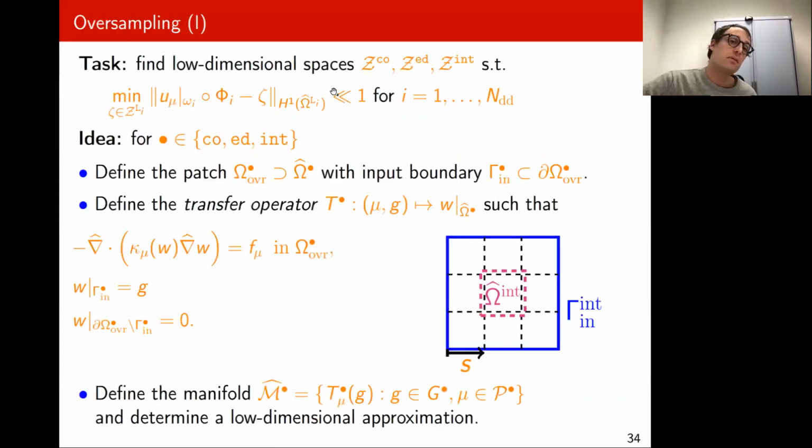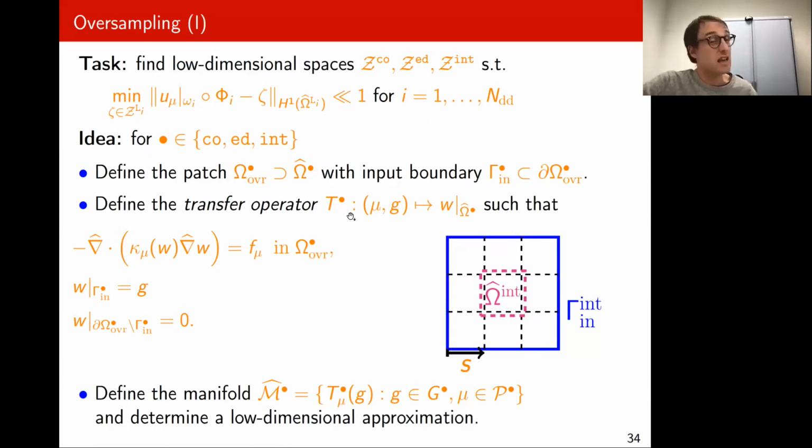So as already mentioned, we want to find low dimensional spaces of this type. The idea is that we introduce what we call a patch or omega oversampling that contains the reference domain, with input boundary gamma in.